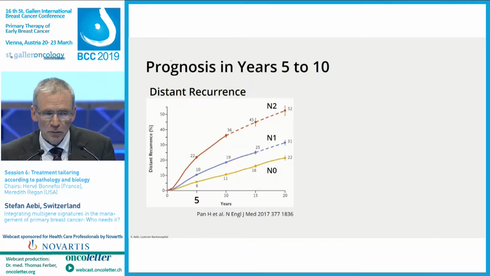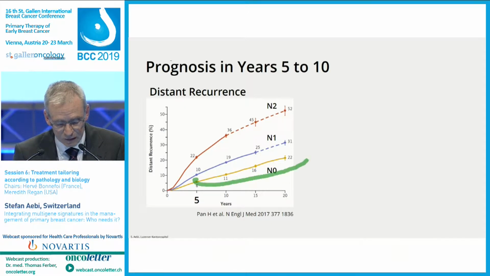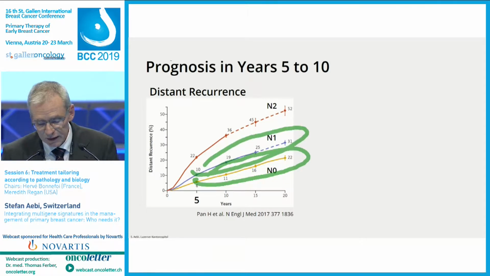One potential application, again in prognosis, not in prediction, is the prognosis in years 5 to 10. This is a reminder of the Oxford overview, where you see that late recurrences are common, even in patients with N0 and N1 disease.